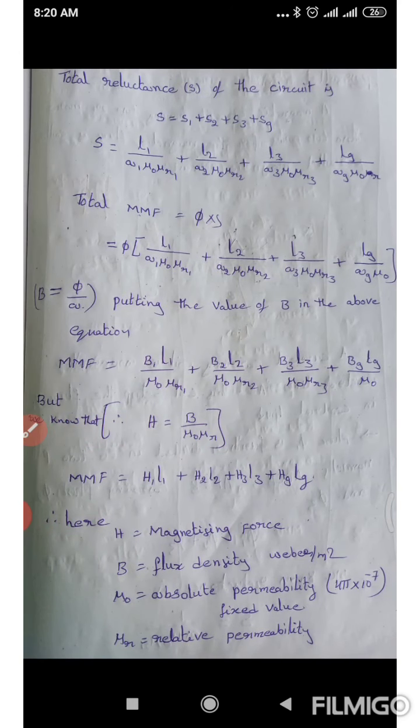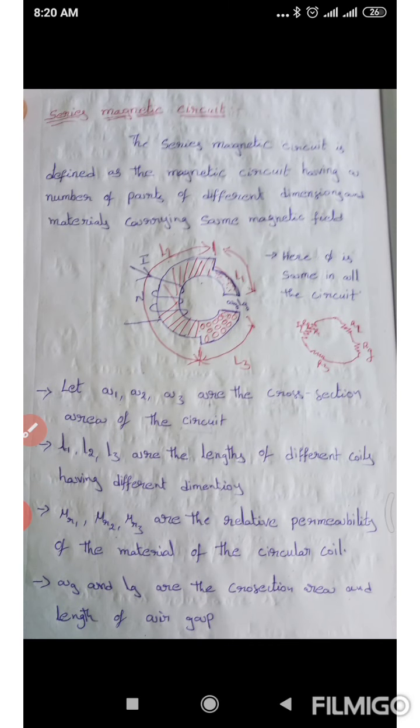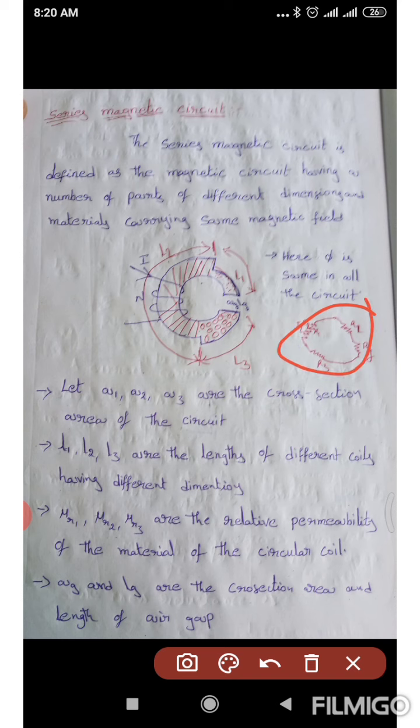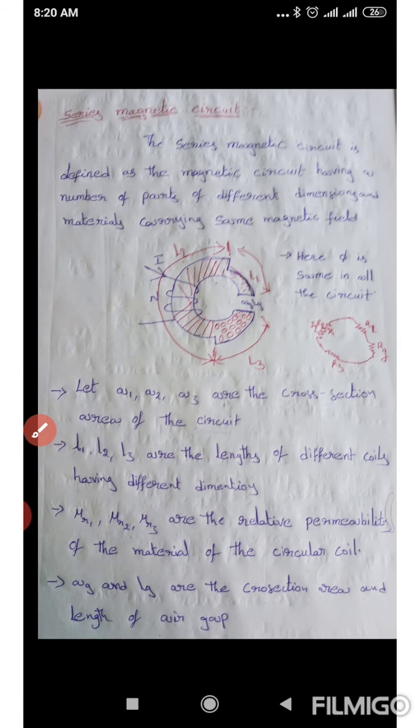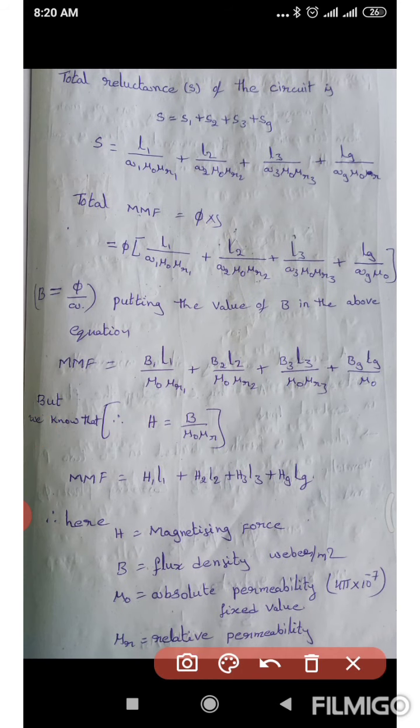Let us see how to calculate this field intensity or magnetic force. First of all, if we consider the electrical circuit, we have to find out R equivalent. Similarly, we have to find out S equivalent. These are all connected in series. So S is equal to S1 plus S2 plus S3 plus Sg, where S1 is the reluctance of part 1, S2 is the reluctance of part 2, S3 is the reluctance of part 3, and Sg is the reluctance of the air gap.